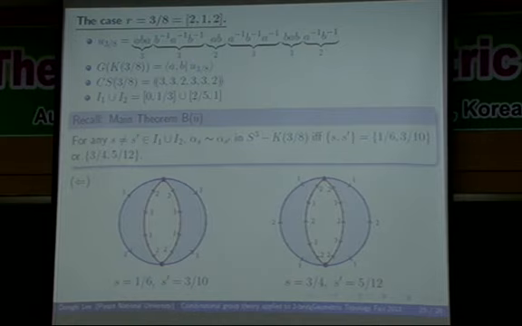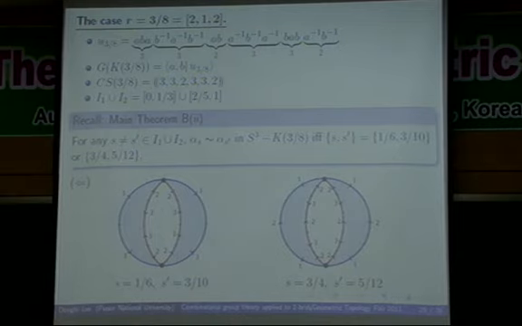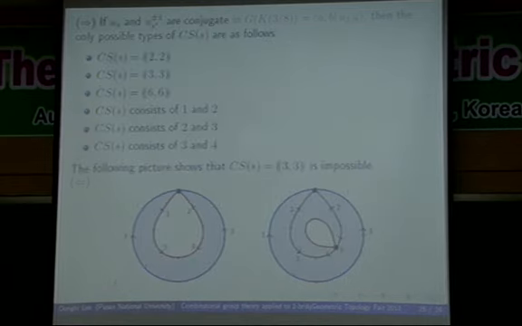And in case it consists of M and M plus 1, if M occurs consecutively, then M plus 1 should not occur consecutively. So here, 332, 332, 3 occurs consecutively and 2 occurs only once. But in this picture, we see that 2, 2 occur consecutively and then 3, 3 occur consecutively. This is not possible for U of S prime. So this cannot be a conjugate diagram for U of S and U of S prime.